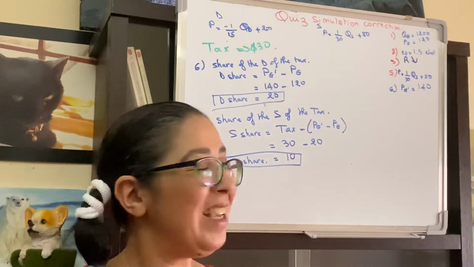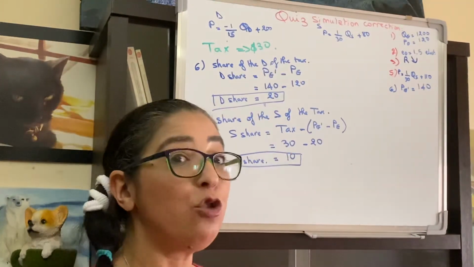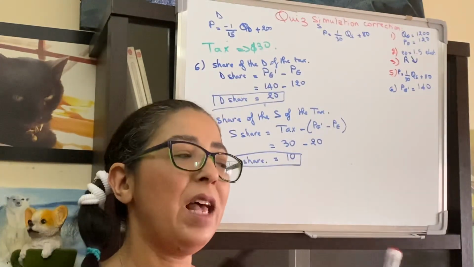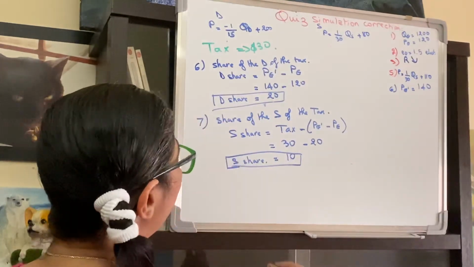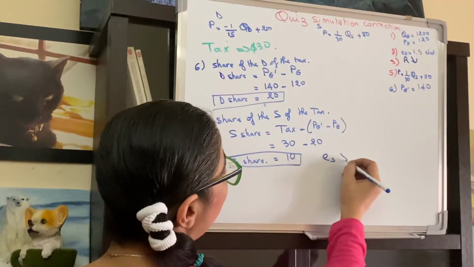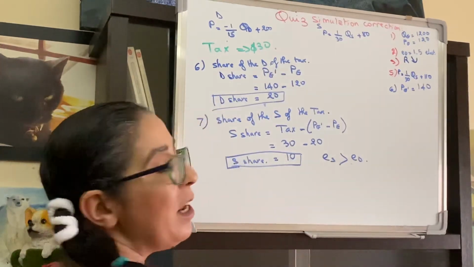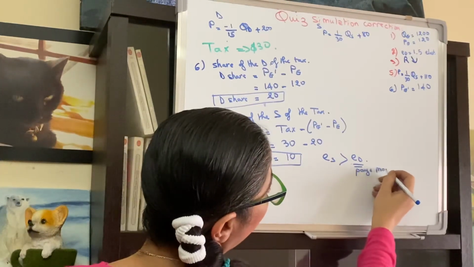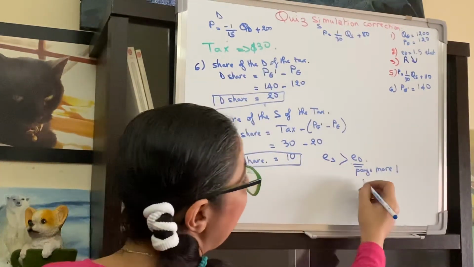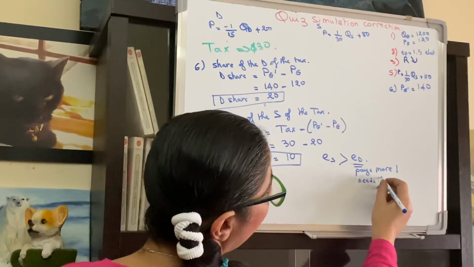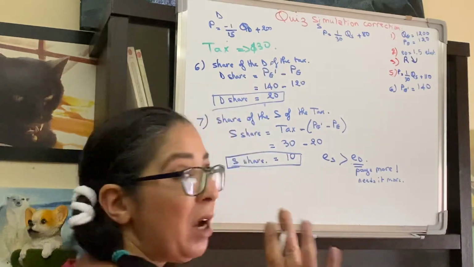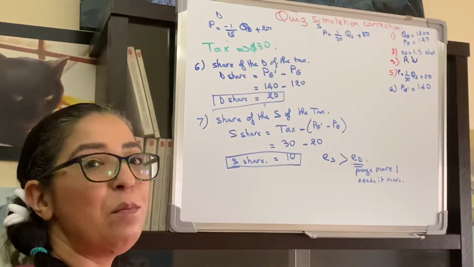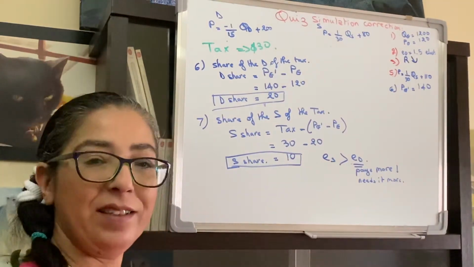Okay? So here, the demand pays $20, so it needs to buy the goods more than the supply needs to sell the good. Elasticity of supply is bigger than elasticity of demand because the demand pays more. Okay, keep this in mind. The one who needs is the one who pays, and the one who needs is the most inelastic. C'est bon?